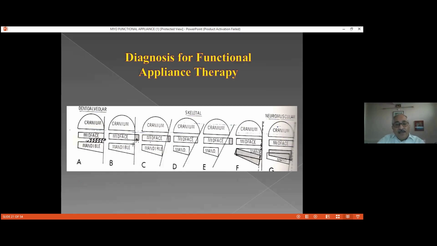If we are not properly diagnosing our cases or segregating the right case, we will not get the desired result. From the present slide, you can see that only D type of the class 2 division 1 malocclusion is apt for functional therapy, for appliance therapy to occur.